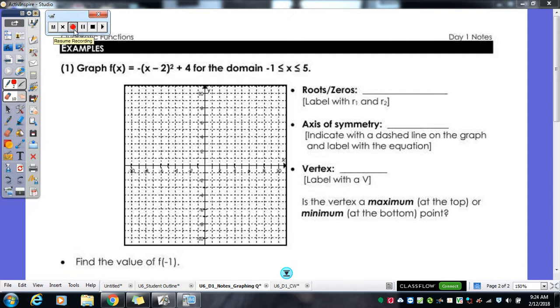So let's take a look at the back. We got another example here. They want us to graph this, which is negative x minus 2 squared plus 4 for the domain of negative 1 to 5. So again, they gave us the domain.